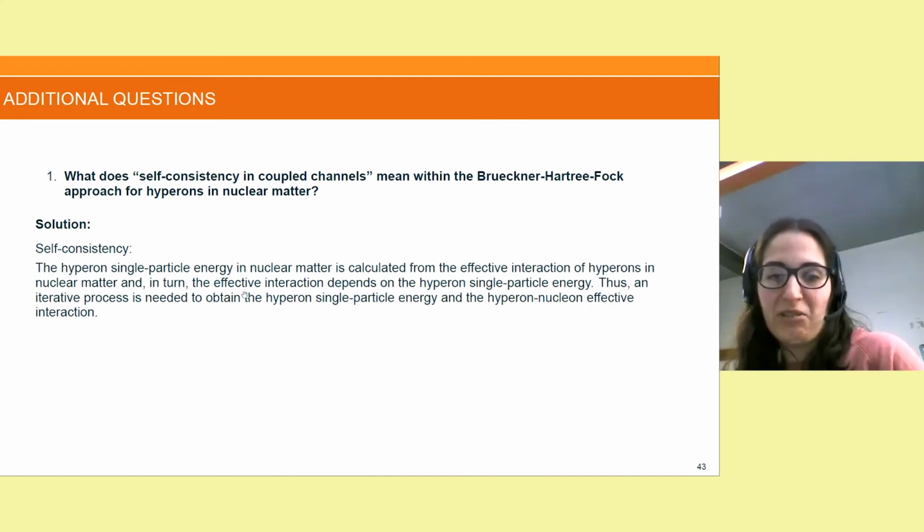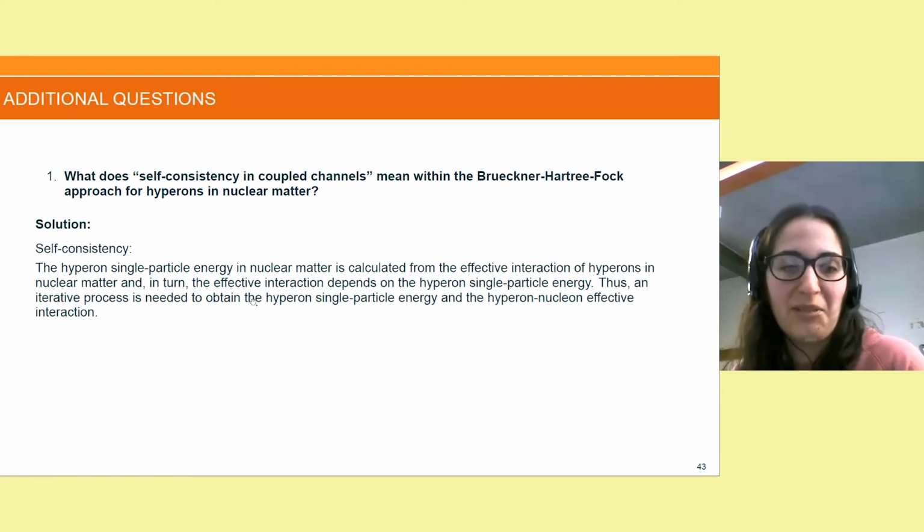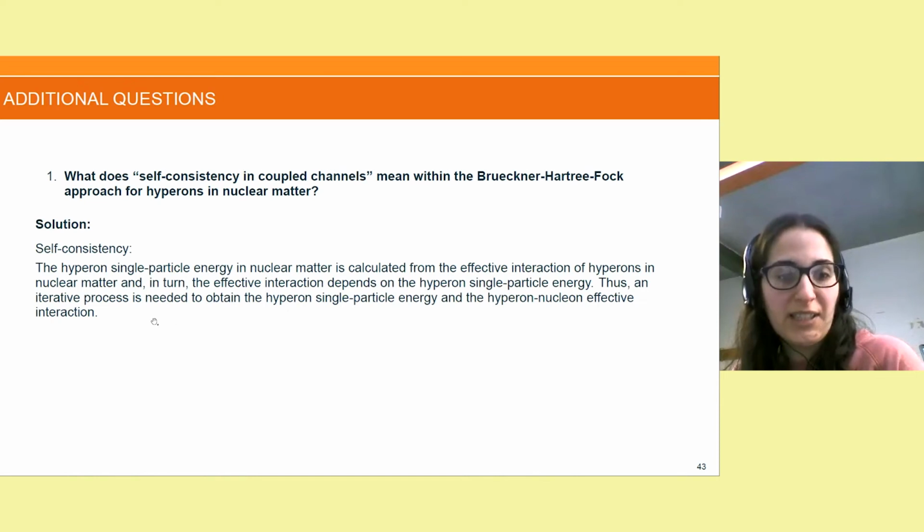Exactly. You remember exactly what you meant, and although the words are not exactly the right ones, what you are saying is that in the calculation of these effective interactions, you need information on the single particle energies. If you remember the equation, you had to put these single particle energies as an input. But in turn, to calculate these single particle energies, you need to know the effective interaction.